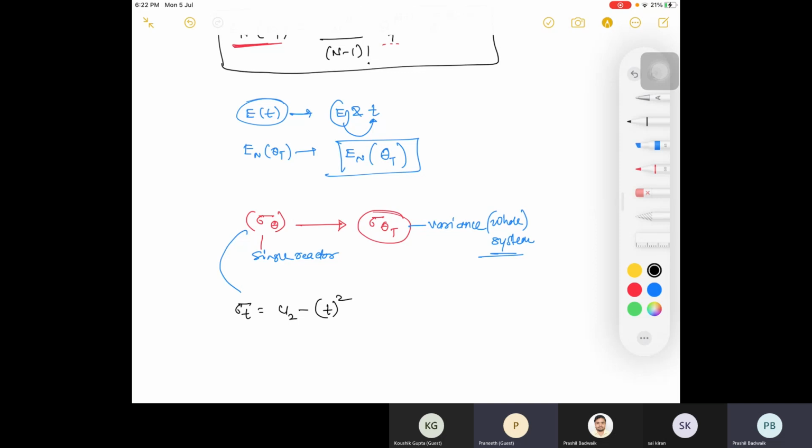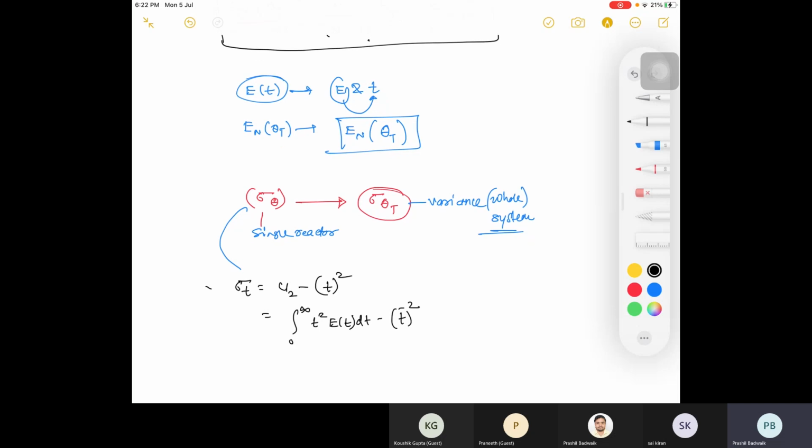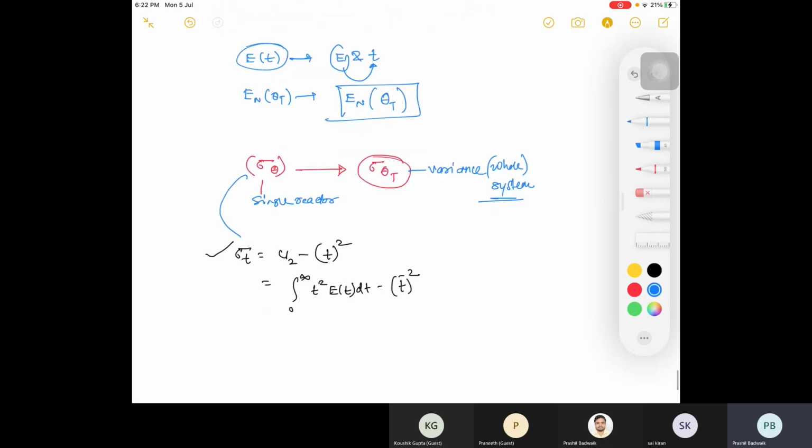Please tell me if I'm writing something wrong. Yes, sir, it is sigma t square, the variance.